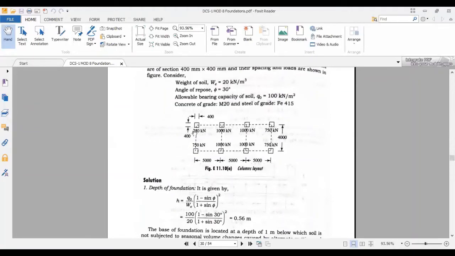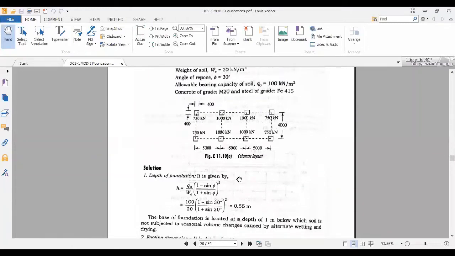So you can see all columns are 400 by 400 mm, and the loads acting are represented. On the edge columns you can see 750 kN, and on these middle columns 1000 kN is acting. The center to center spacing here is 4 meters, and in this direction it is 5 meters.